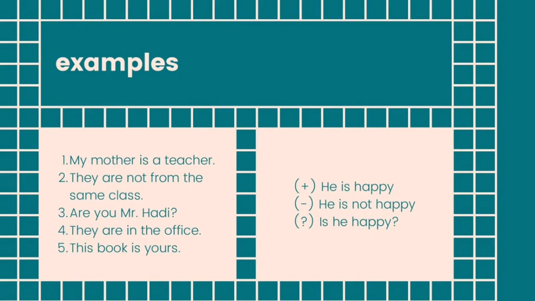Now, there are verbal and nominal simple present, right? Can you guys differentiate what is the difference between verbal and nominal simple present? Do you have any idea? Verbal using verb and nominal using be. Okay, good. Thank you. Do you have another idea?